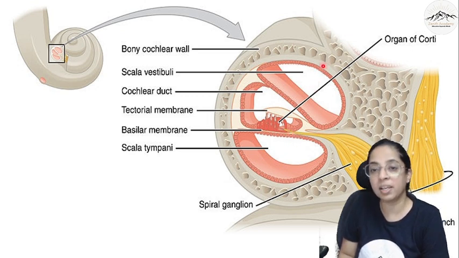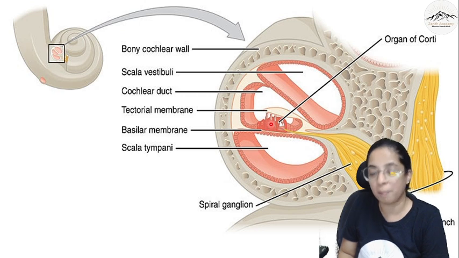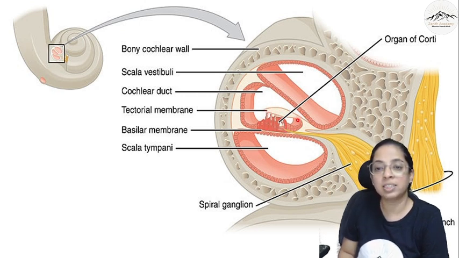So I am repeating here again: vestibular canal, median canal, and this is the tympanal canal. Now, in this median canal only we have the basilar membrane. On the basilar membrane we have sensory cells. And these are the two membranes, tectorial membrane and basilar membrane. This is the cochlear branch of the nerve fiber.